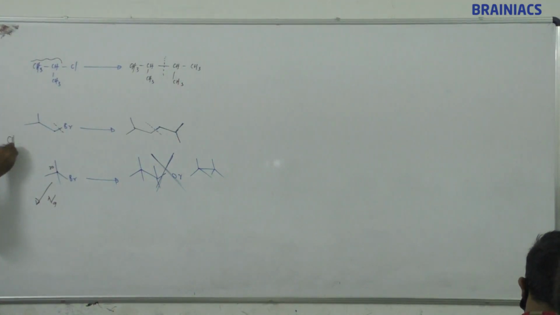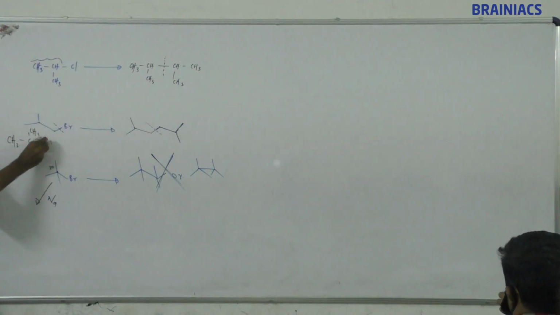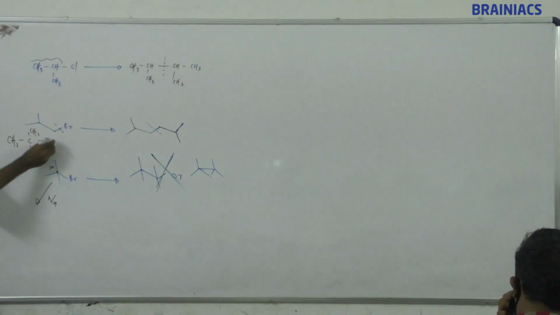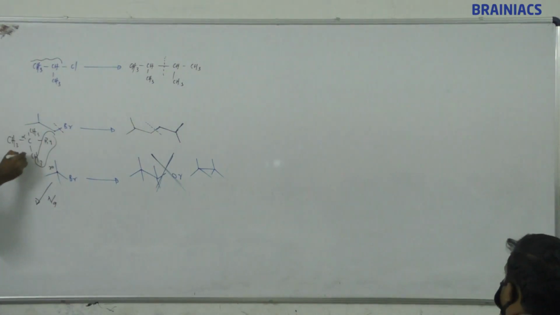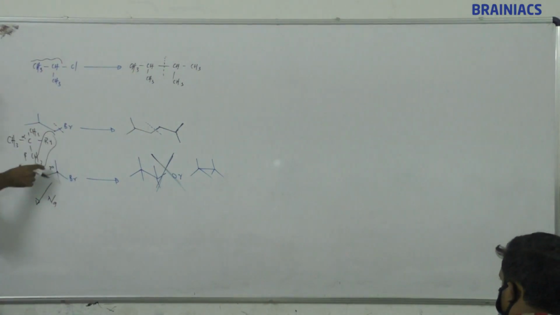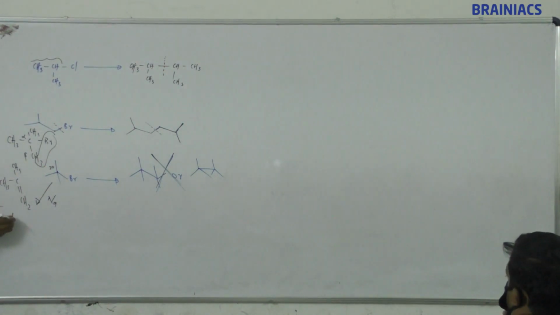Elimination means nothing but beta elimination. You know this molecule, (CH3)3C-Br. You are familiar with beta elimination: this is alpha, beta, and the functional group leaves from alpha and hydrogen from beta. This molecule is tertiary butyl bromide. What about the product? CH3, CH3, C double bond CH2. This molecule is said to be isobutene.